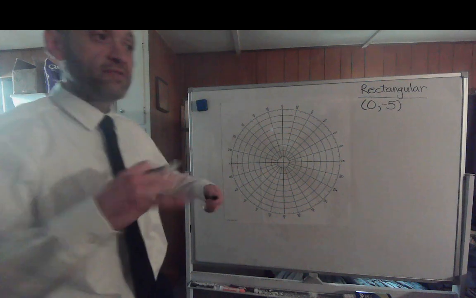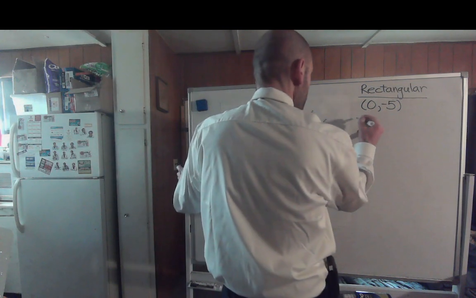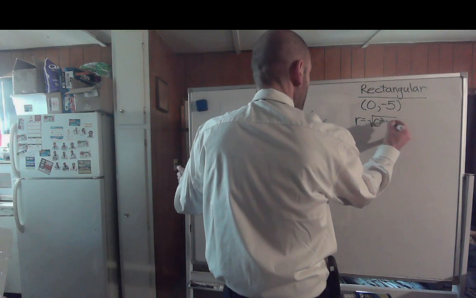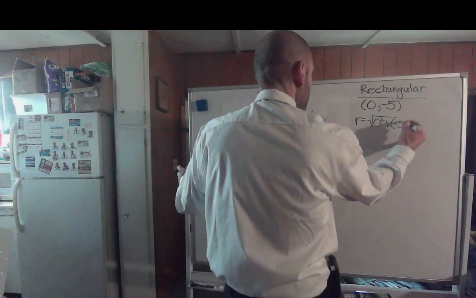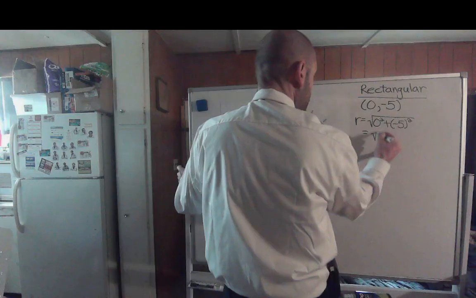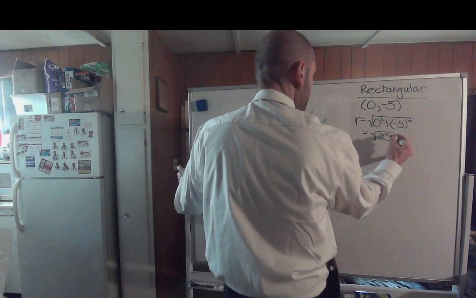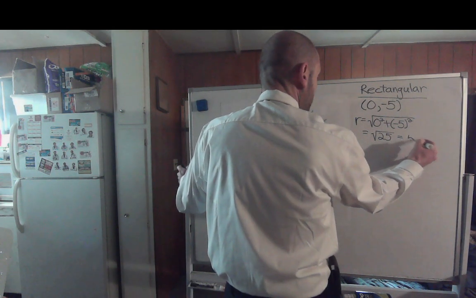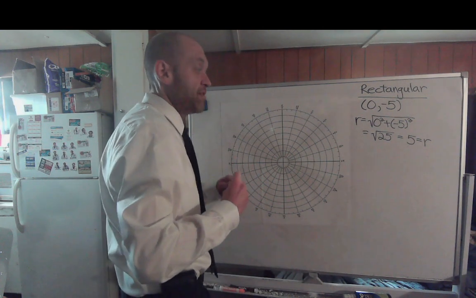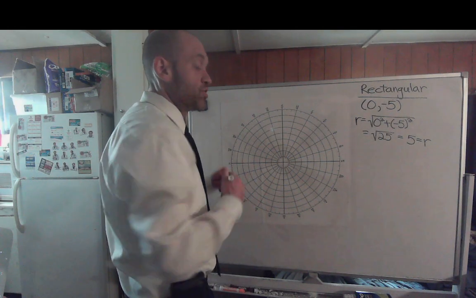Well, first let's find the radius. So the radius is going to equal the square root of 0 squared plus that negative 5 squared. Well, that's just going to give you the square root of 25, which means you have a radius of 5. So the radius we found to be 5. Now, what about your angle?